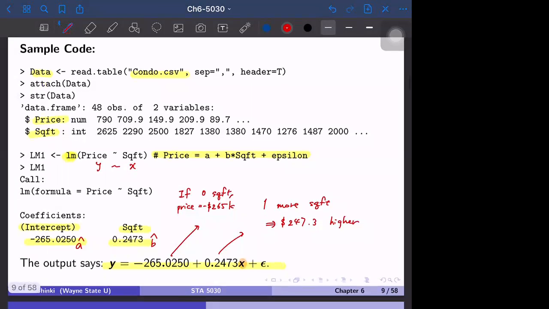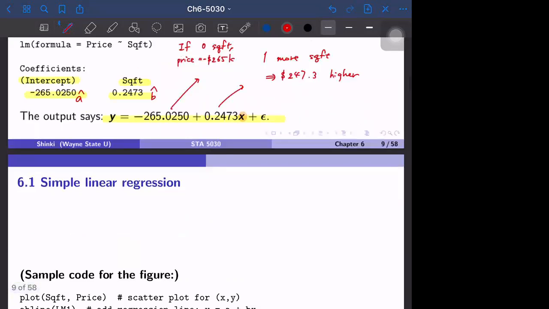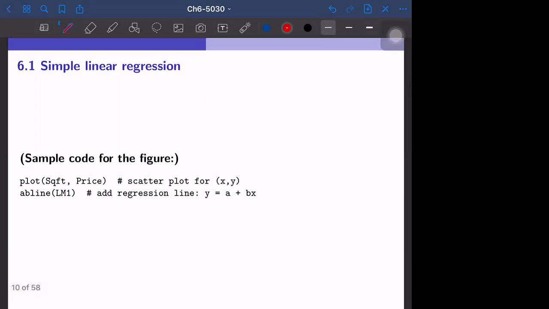So this is how to implement simple linear regression in R. And in a plot, you can make a scatter plot by the plot function. After that, you can add the abline function. The abline function gives basically a straight line.